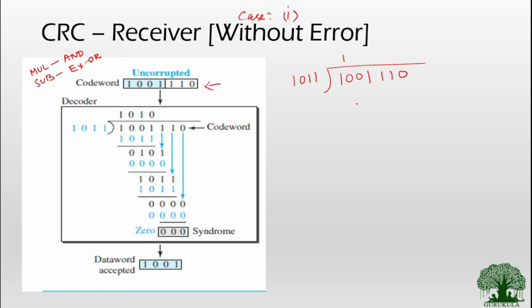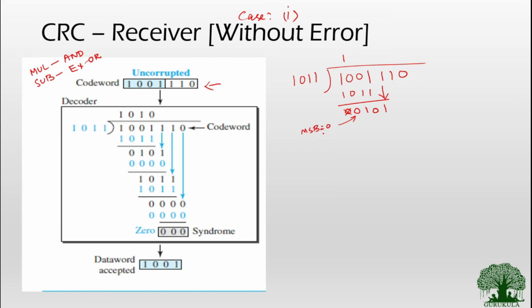Performing bitwise logical AND, I will get 1 0 1 1. With this I will be getting 0 0 1 0, and then bringing down this particular 1, I will get 1. We can neglect the first bit, and we see that the MSB, the leftmost bit, is equal to 0.